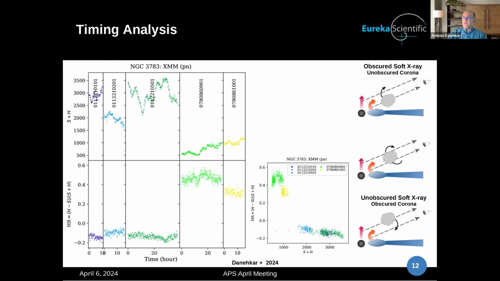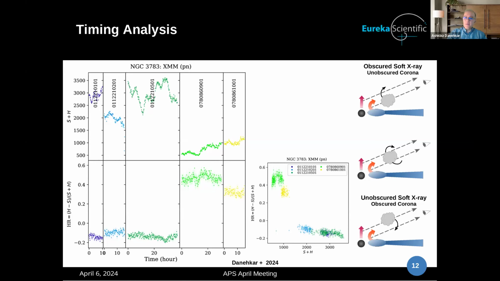This kind of variability in this Seyfert AGN is believed to be related to transient obscuration events, which are likely made by an eclipsing outflow near the X-ray source.